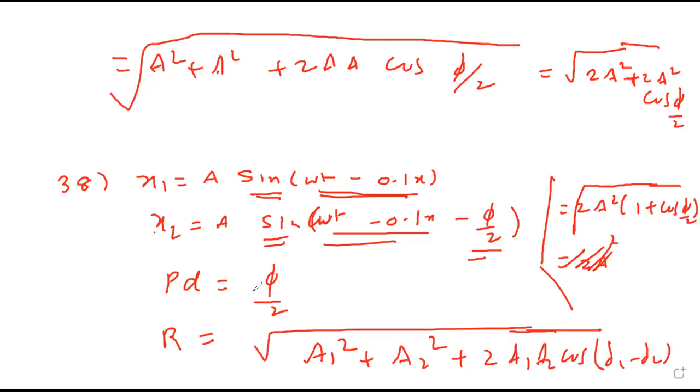Completed? Do you know the formula of cos 2 theta? Basic is cos square theta minus sin square theta. At least this much you remember. Then we want the answer in cos.